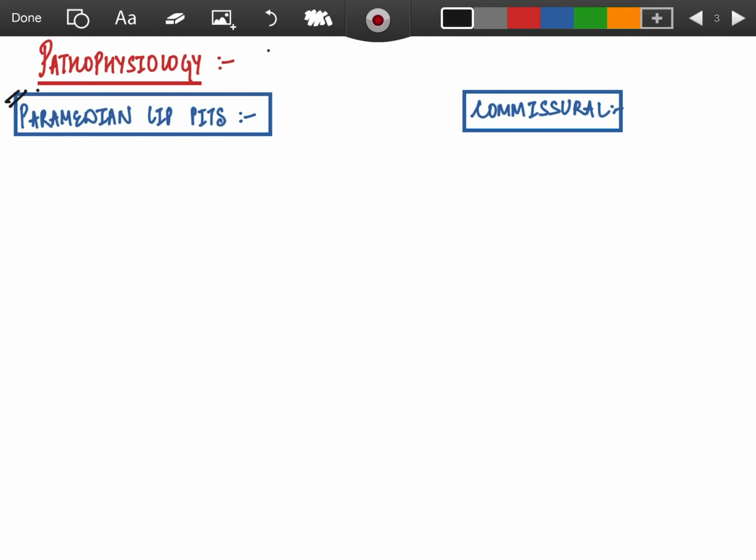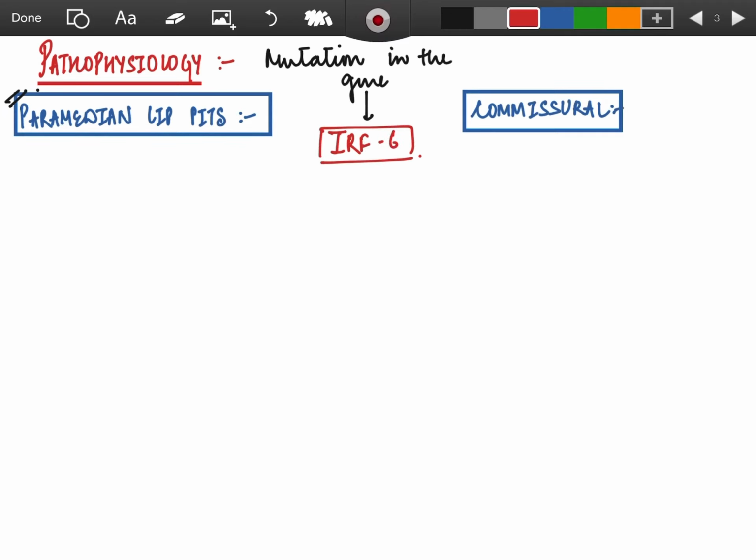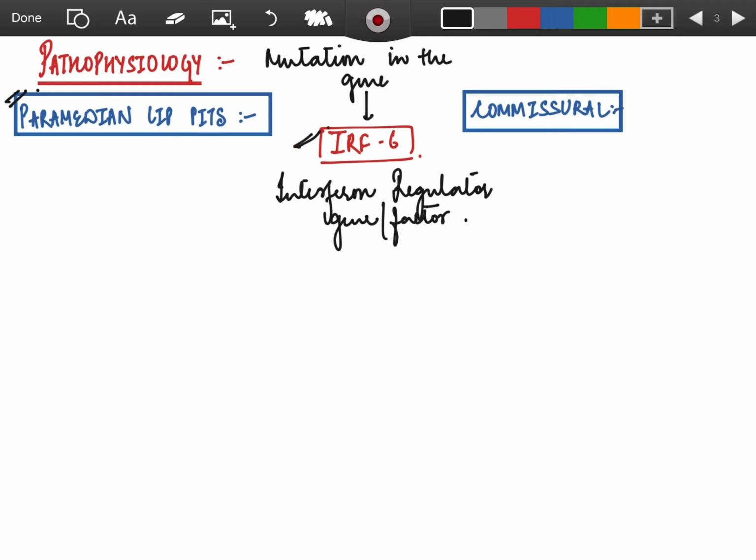Now the pathophysiology of lip pits. In 90% of cases there is a mutation in the gene that codes for the IRF6. It stands for interferon regulatory factor. This protein helps in normal embryonic development.